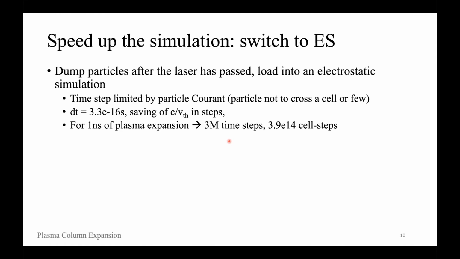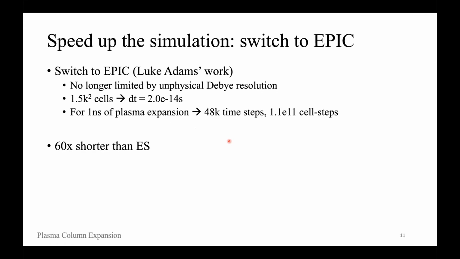And the answer actually came through the work that was done by Luke Adams. I'm going to use his work with EPIC. If you missed his talk, please go watch it when it's up on the YouTube. It's very good. But essentially what this does is remove the limit to resolve the Debye length. And now you have to pick your cells to resolve the physics you're interested in. And so my number of cells decreased by quite a lot.